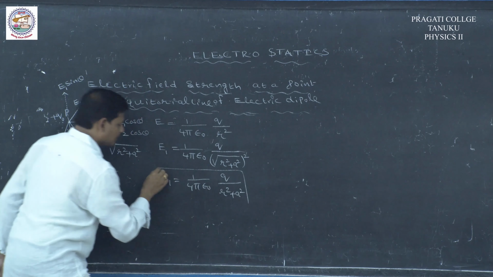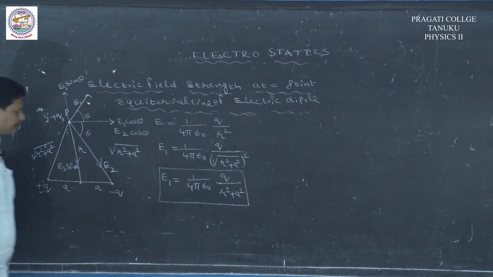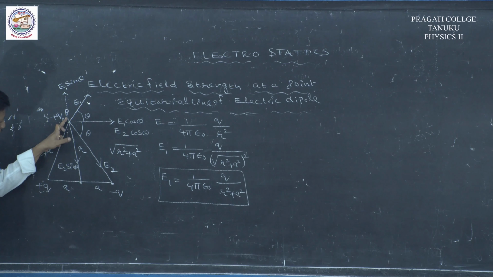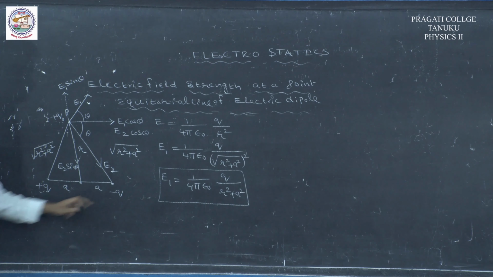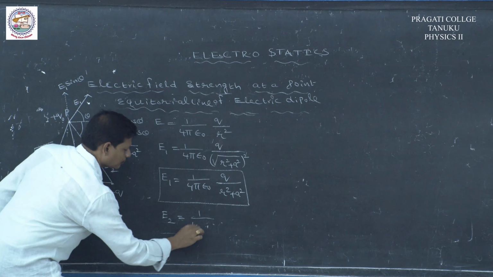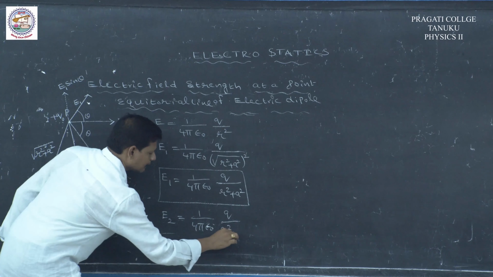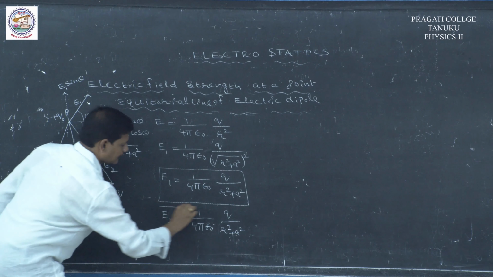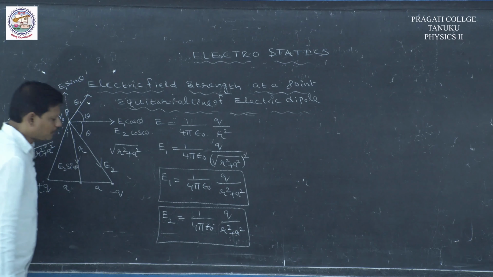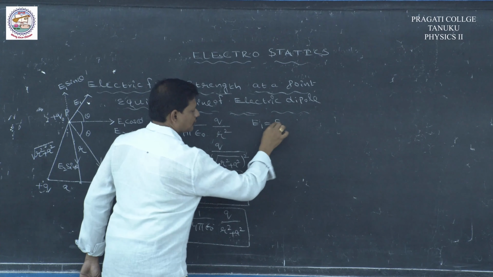Here we are calculating only magnitudes. Similarly, the electric field strength at point P due to minus q, E2, is equal to 1 by 4 pi epsilon naught, q by (r square plus a square). So, from the above equations, the magnitude of E1 is equal to that of E2.